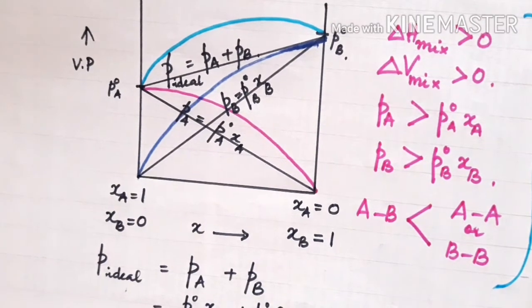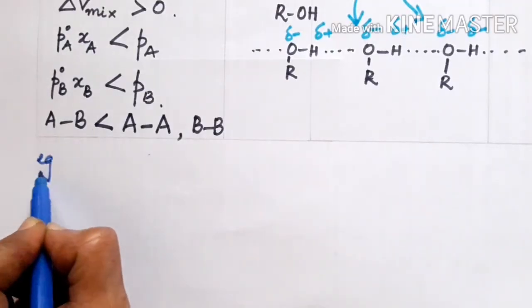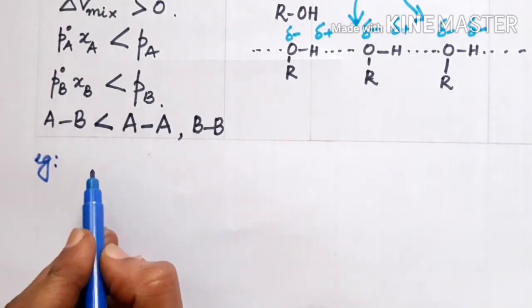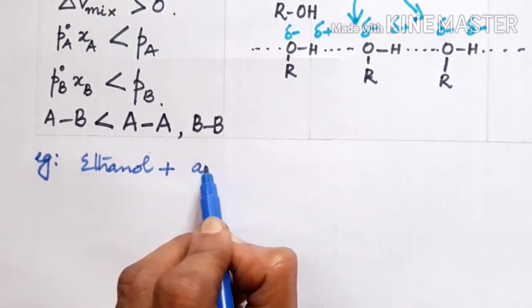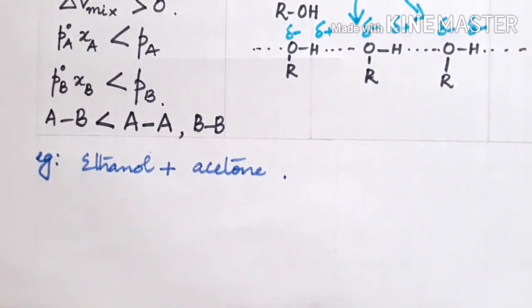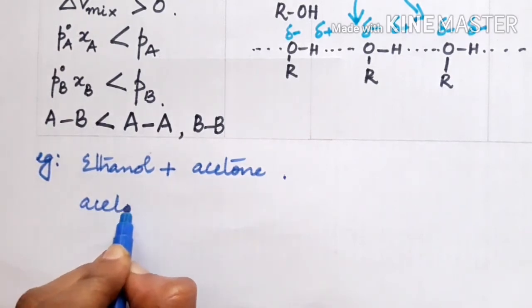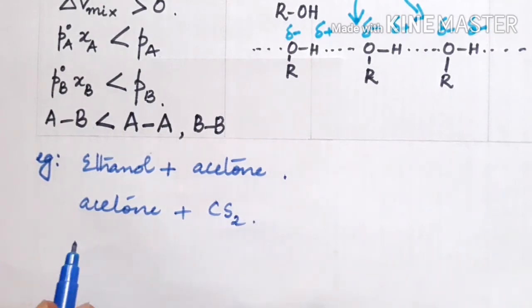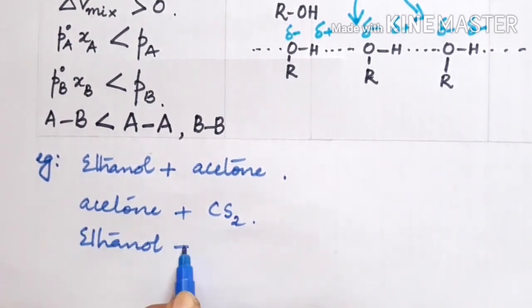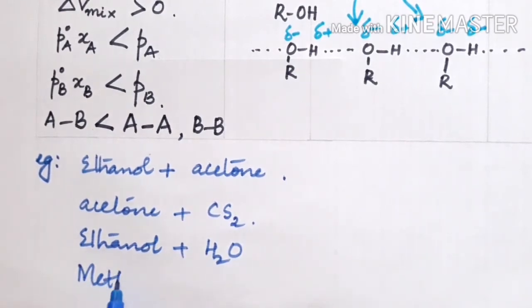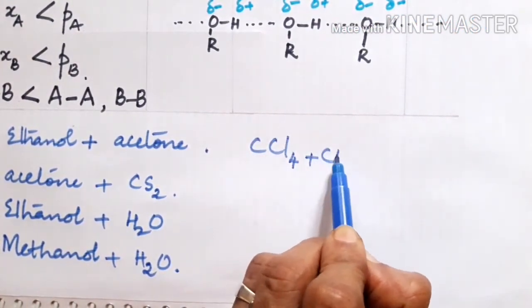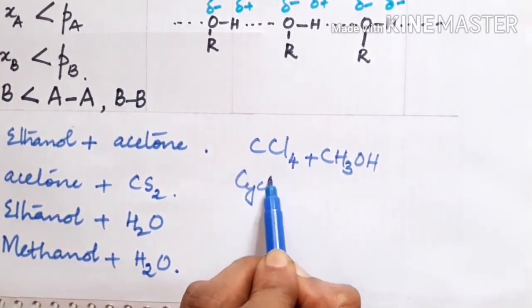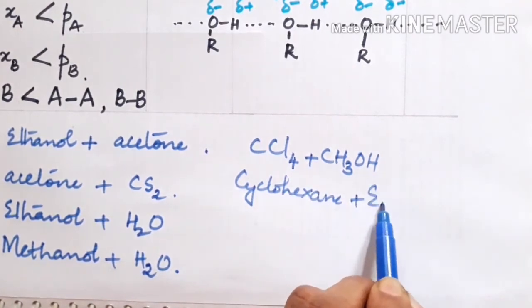Examples for positive deviation from Raoult's law: ethanol acetone mixture, acetone carbon disulfide mixture, ethanol water mixture, methanol water mixture, etc. Carbon tetrachloride methanol mixture, cyclohexane ethanol mixture.